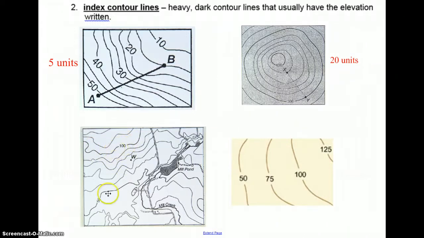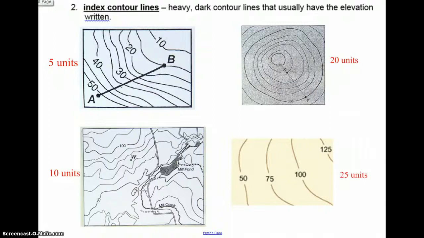So again, it goes from 50 to 100, which is a difference of 50, and there are 5 lines between them. So 50 divided by 5 is 10. And then on the last map, this one's pretty easy to figure out. We're counting by 25s. So our contour interval would be 25, whatever unit is being used.